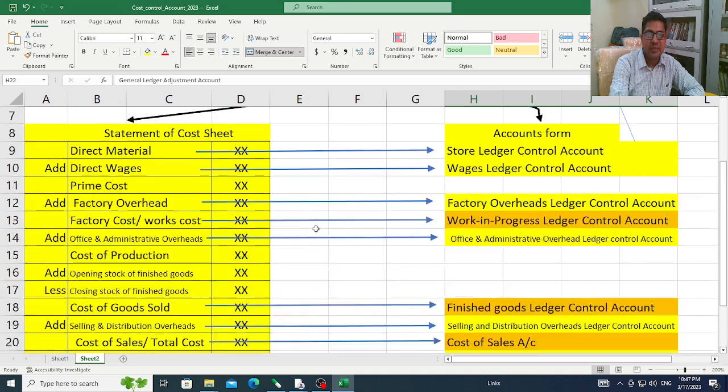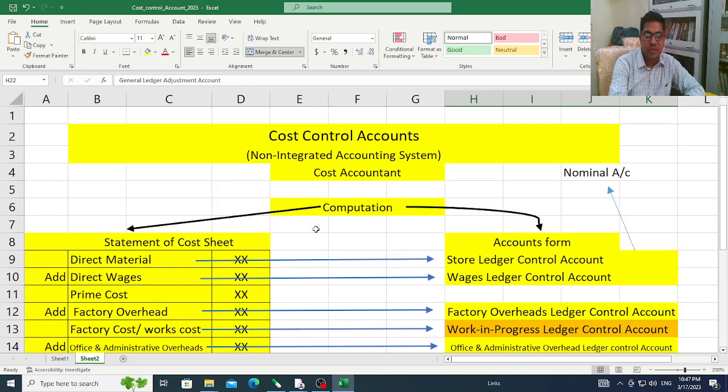So these are the terminologies they change under cost control accounts, because they want to maintain the ledgers and general entries just like financial accounting. But the accountant says that I will prepare only nominal accounts. I will not maintain personal and real accounts. So you should understand that.